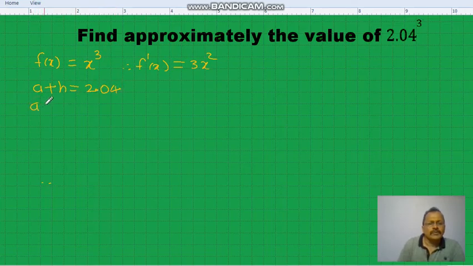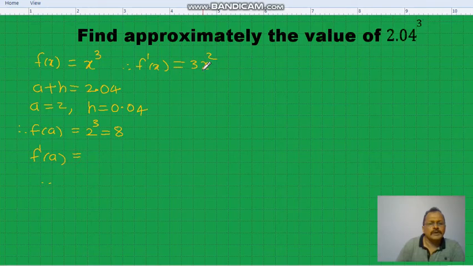Clearly I am going to put a equal to 2 and h equal to 0.04, and therefore f of a, put x equal to 2 here, is 2 cube, equal to 8. F dash a, put x equal to 2, is 3 into 2 square, which is equal to 12.